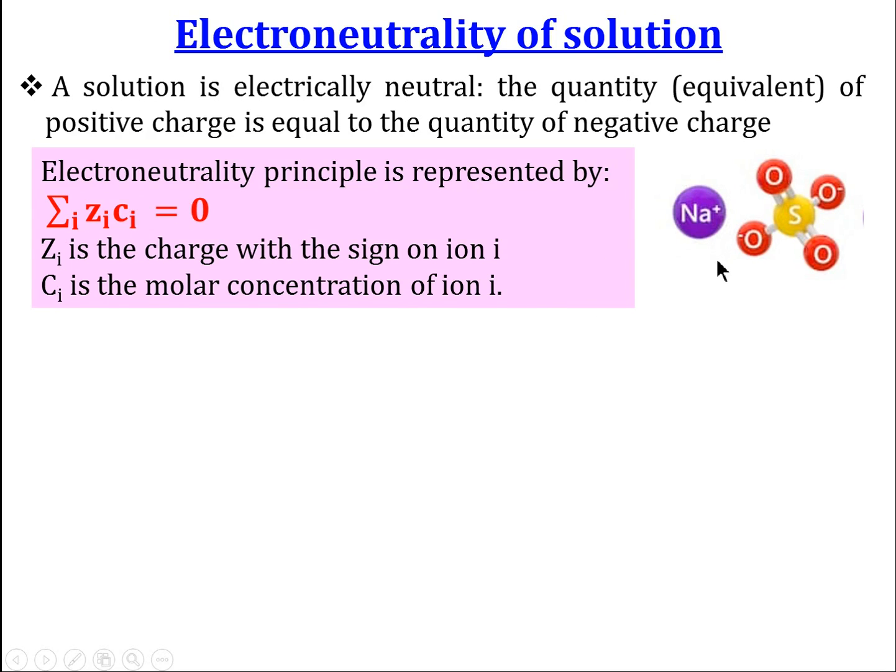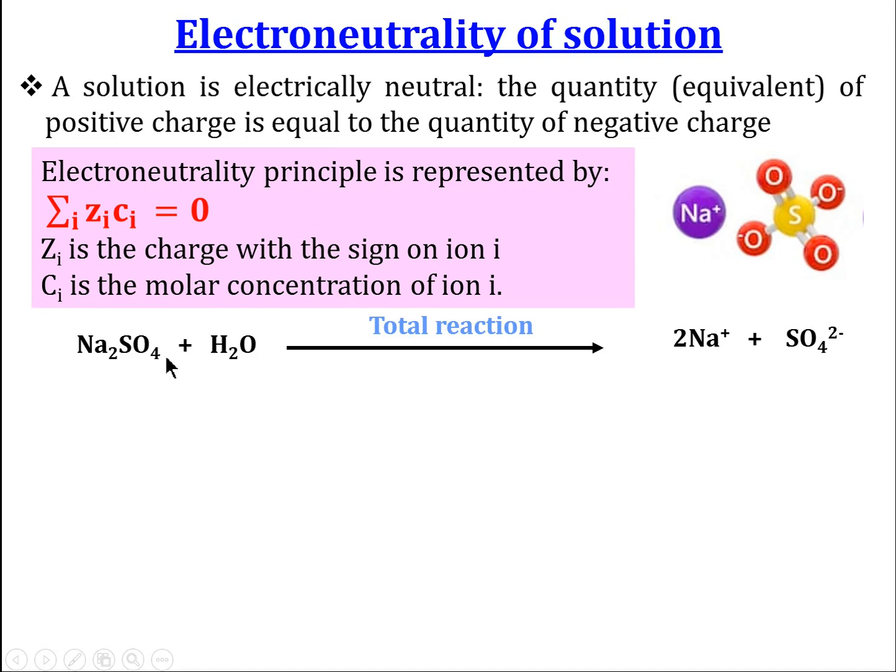Let us consider the solution containing Na+ and SO4 2- ions. SO4 is doubly charged negative, so its equivalence is 2 times its concentration, whereas Na is monocharged, so its equivalence is 1 times its concentration.